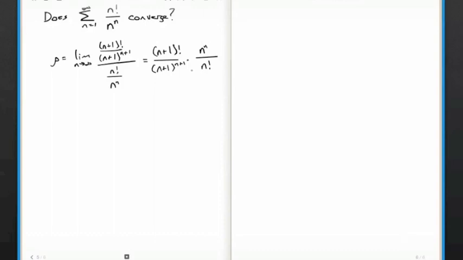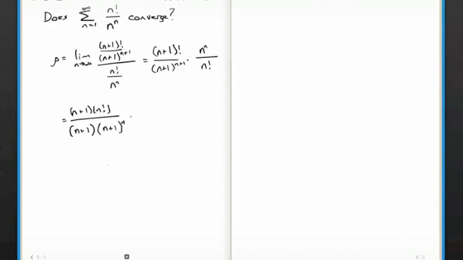The factorials boil down pretty nicely, and so this is all still the limit. n plus 1 factorial is really n plus 1 times n factorial. And we know on the bottom, n plus 1 to the n plus 1, if we just forget about that the base looks funny, I could just say this is n plus 1 times n plus 1 to the n.